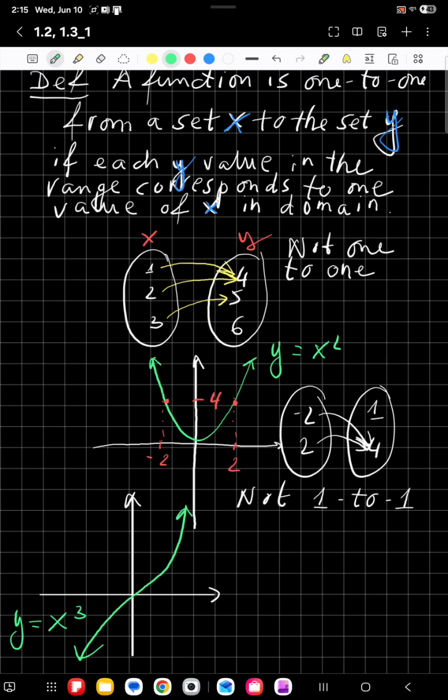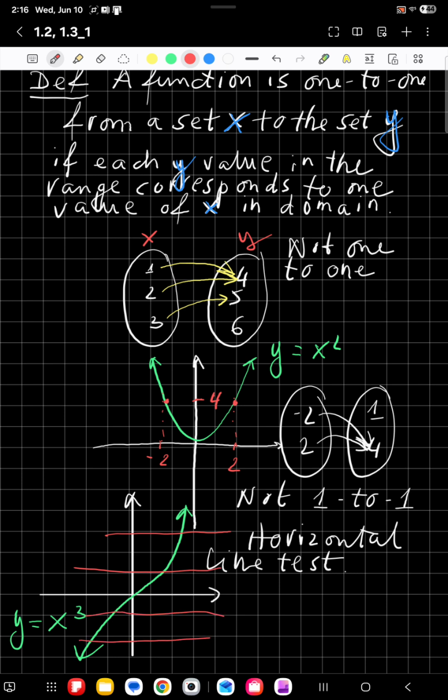Also there is something called the horizontal line test. I'm not going to give you a definition because it's a pretty simple concept. If you can find a horizontal line that crosses the graph in more than one spot, then the function is not 1 to 1.